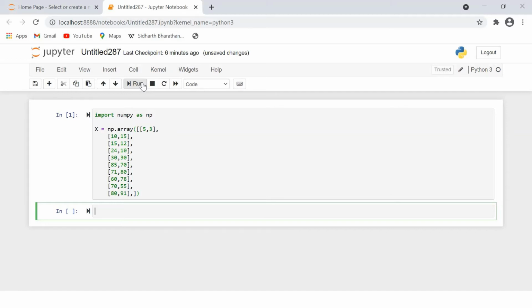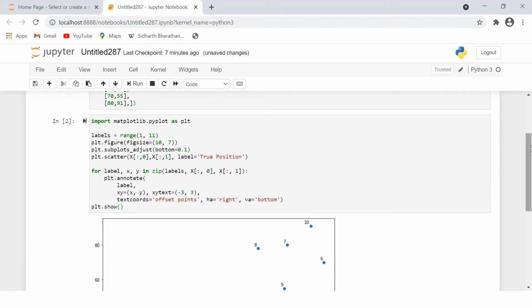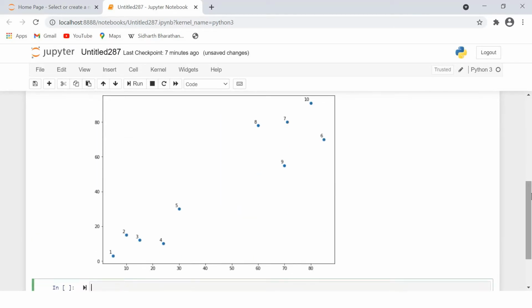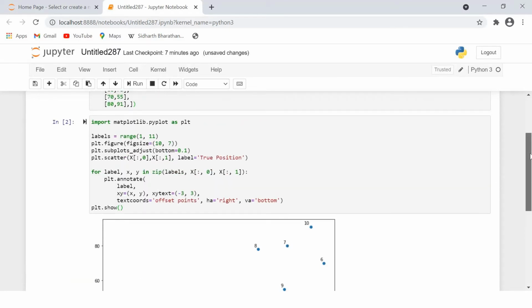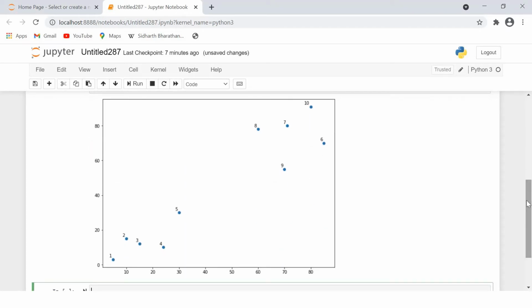Let's plot the above data points. For that, I will do the script. To do so, we need to execute the script above, which draws the data points in the X NumPy array and labels data points from 1 to 10.